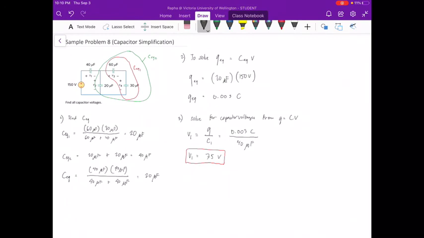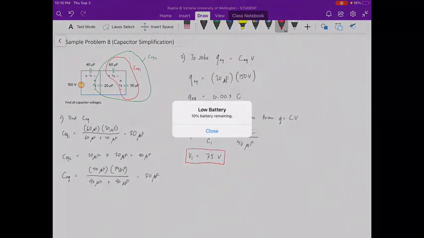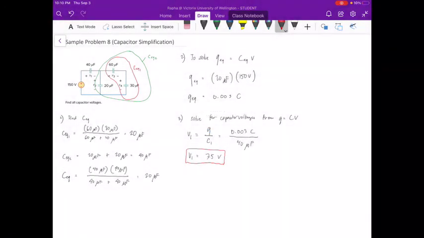Now we can solve further for V2. So our V2 is the voltage for capacitance CEQ2, so we will use that as our capacitance.